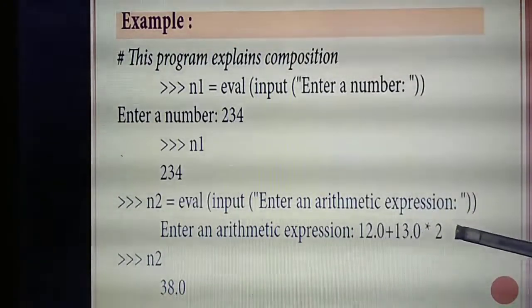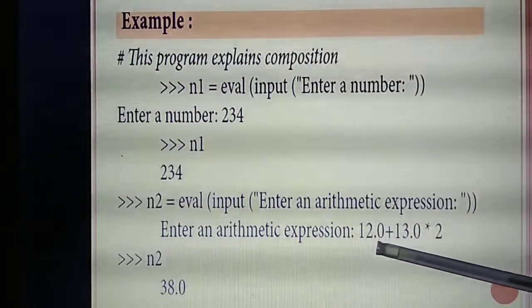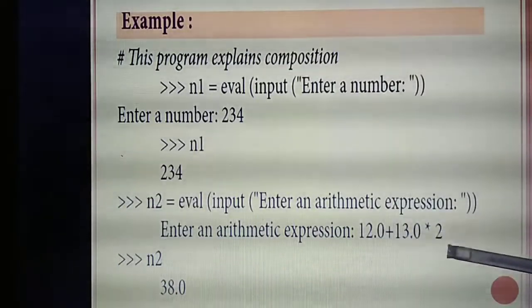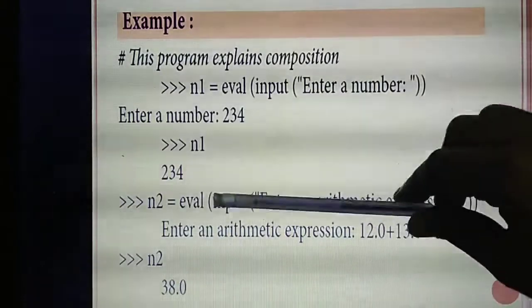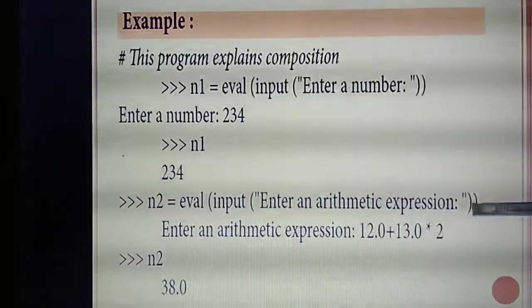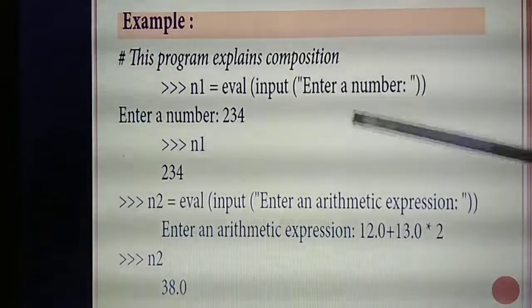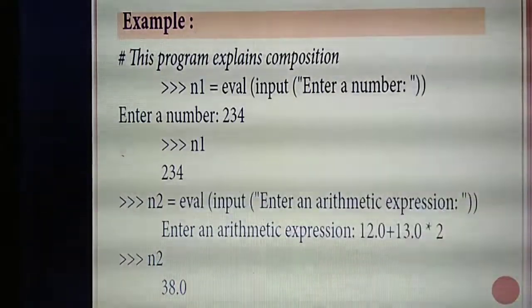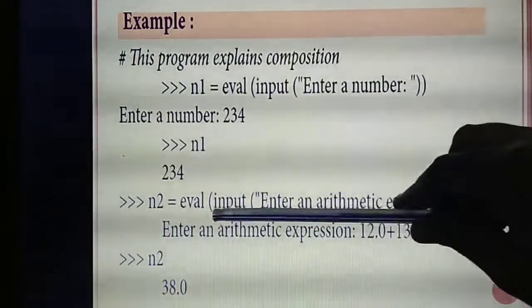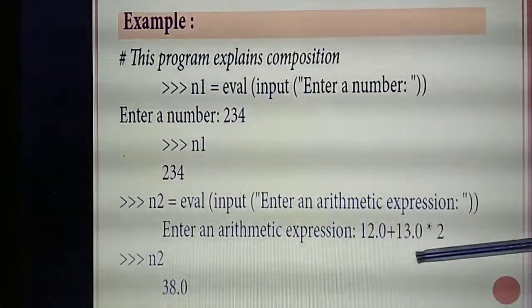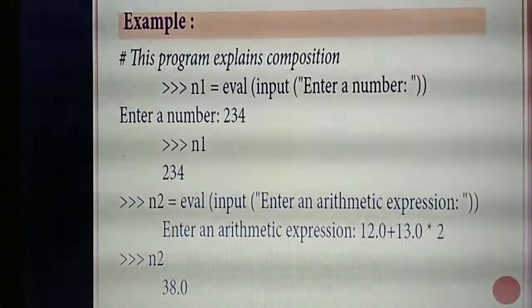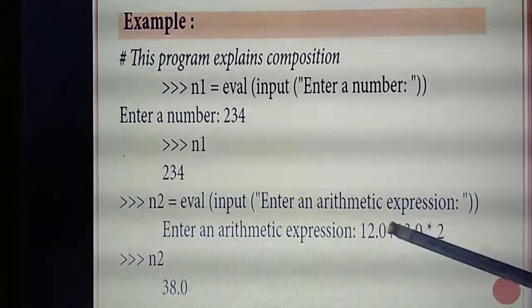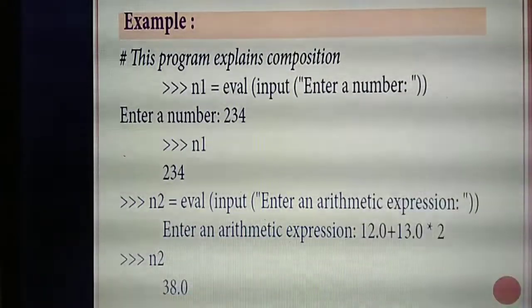A plus b into 2, where a value is 12.0, b value is 3.0, into 2. This is the expression you enter in the input function. Which function evaluates this value now? Evaluate. Understand? You give the input in the input function in this expression, and this input is evaluated by the evaluate function. It will evaluate and give the answer as 38.0.